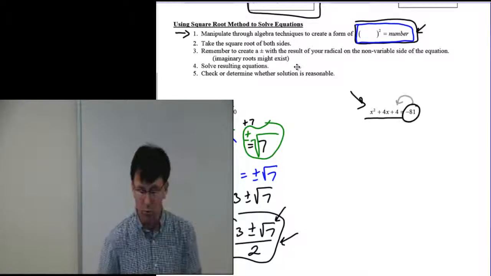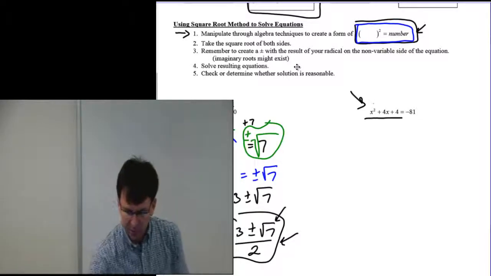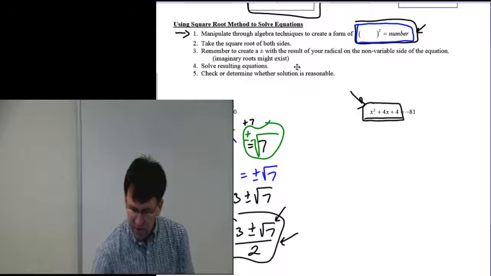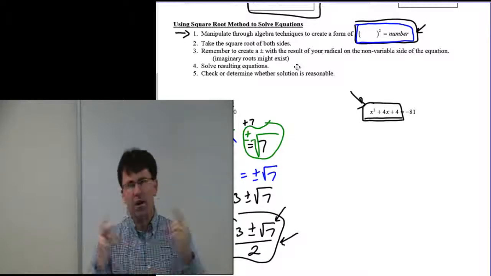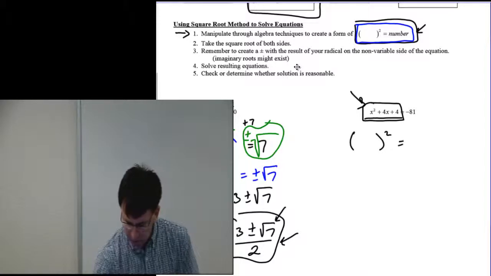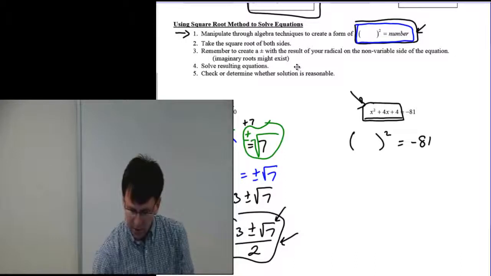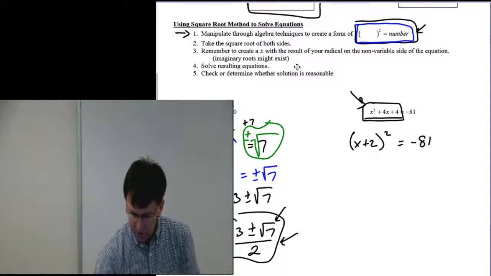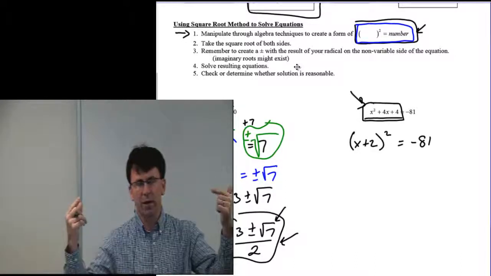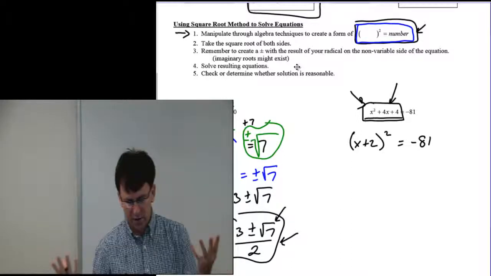Unfortunately, this one would not factor, and you'll see at the end why. But if I can identify really quickly that this is of that form, I'm able to put it in this something squared equals a number form very quickly. Well, the number is negative 81, and the something is x plus 2, because x plus 2 is a binomial squared. Looks just like that, and now I've put it into that form very quickly.